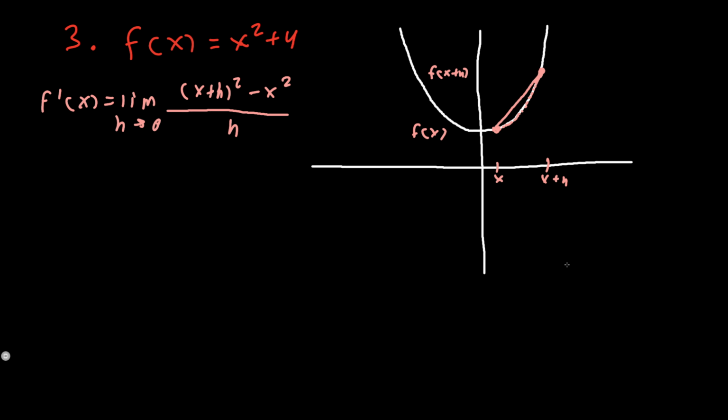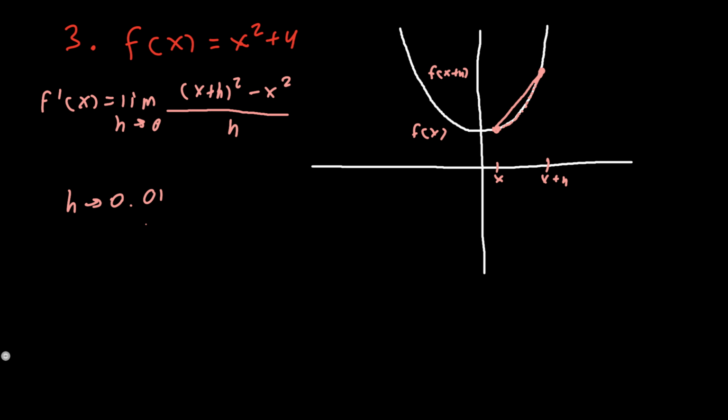So geometrically, we can't simply divide or make h be 0, because then it would be the same point, and if the point is there, the slope is going to be undefined because we're going to have 0 over 0. So what we're going to do is use the limit as h approaches an arbitrarily small number, like 0.01.